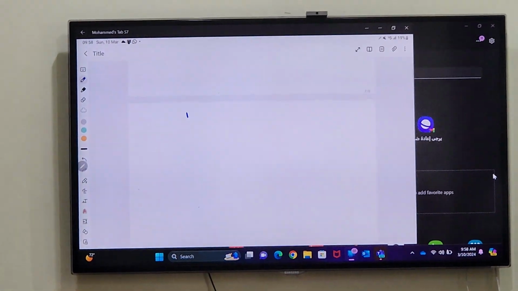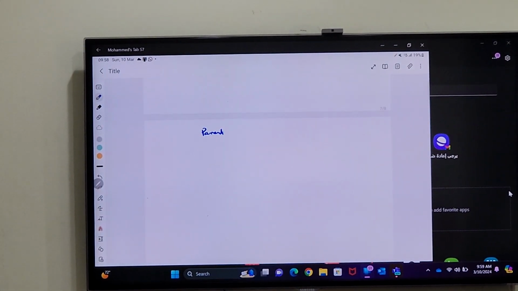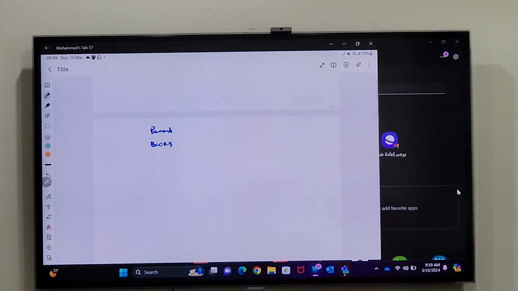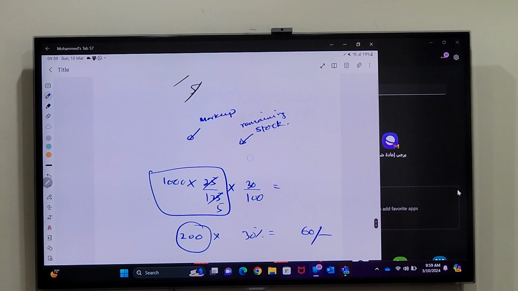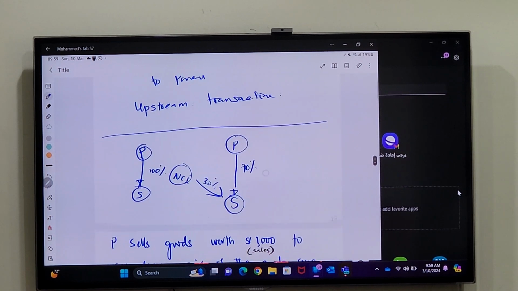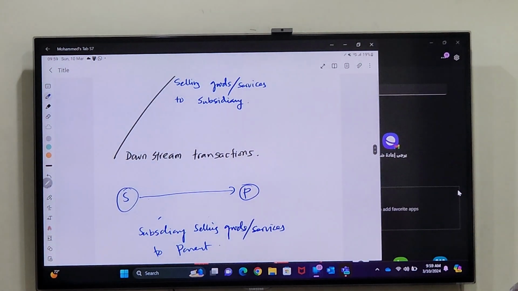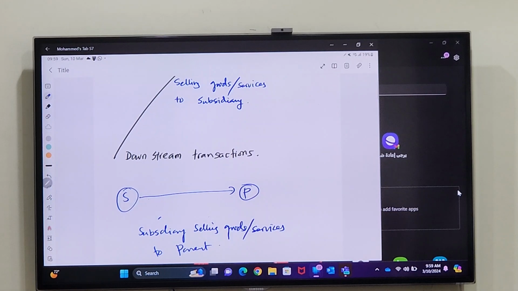So this calculation has to be very clearly understood, and this needs to be incorporated in the consolidation. What you now do, you have your parent books, and another implication is that this is a downstream transaction, right? In a downstream transaction, the entire profit of this 1,000, who is enjoying?